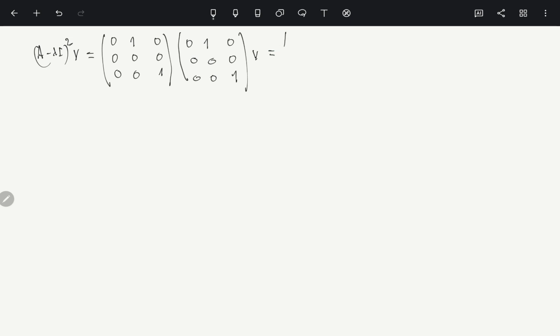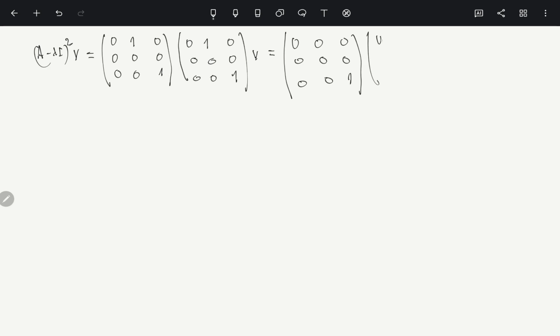Which you calculate, it becomes the first column 0, 0, 0, right? The next column is again 0, 0 and 0. The third column is 0, 0 and 1 times 1 is 1.